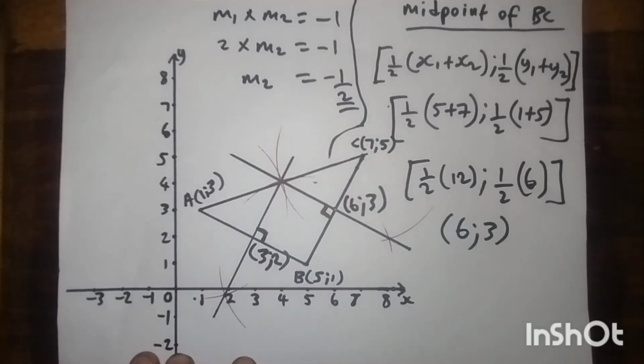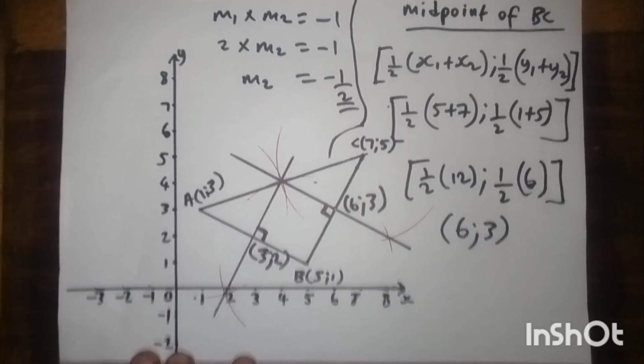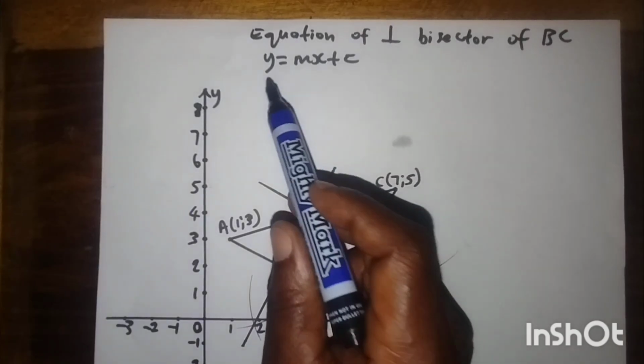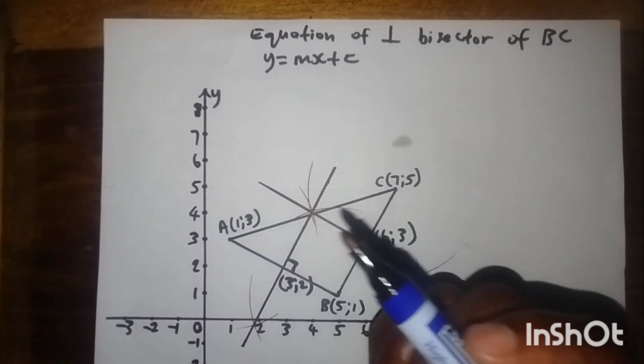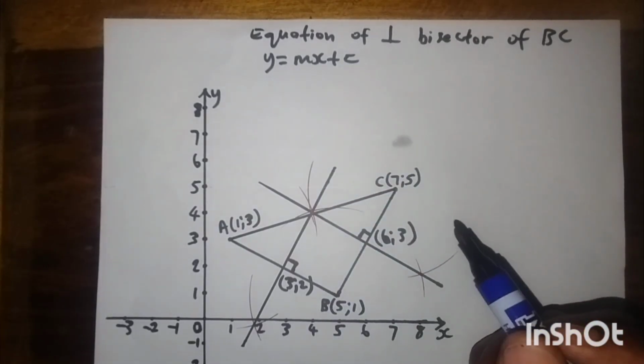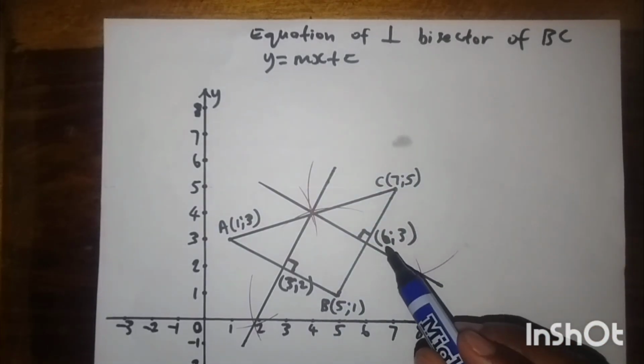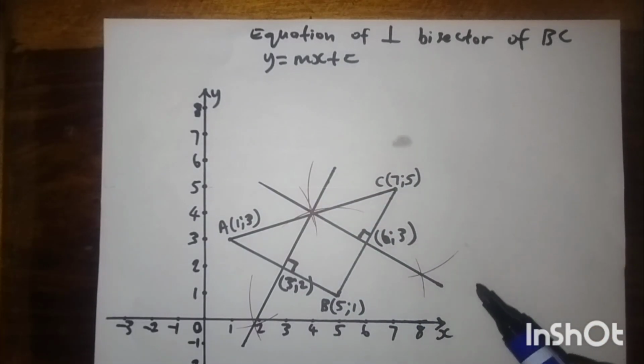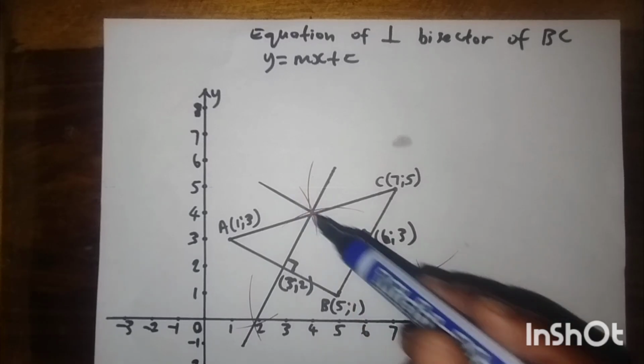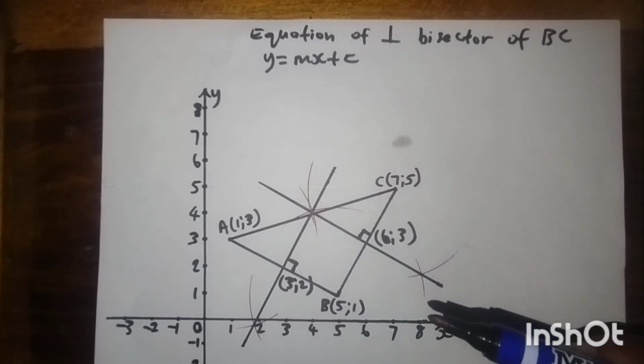So we are going to use y equals mx plus c again. I'm going to put values into this equation so that I can get the y-intercept, which is c. I'm going to use this point 6; 3, and the gradient of this perpendicular bisector of BC is negative half.